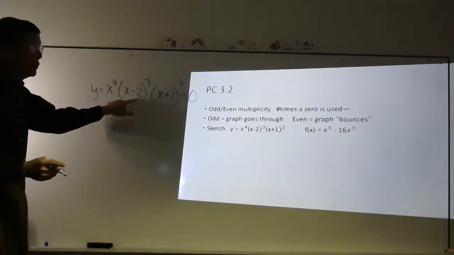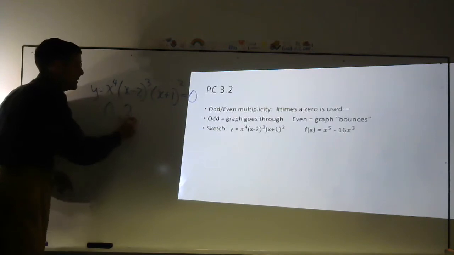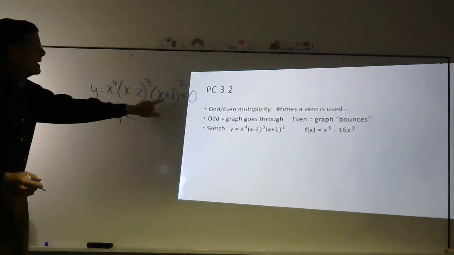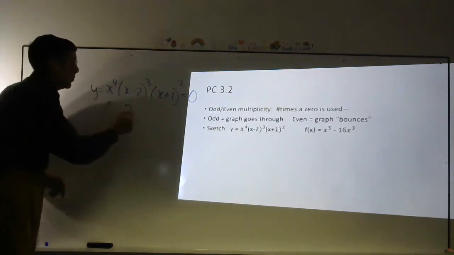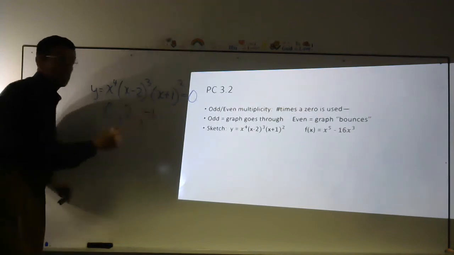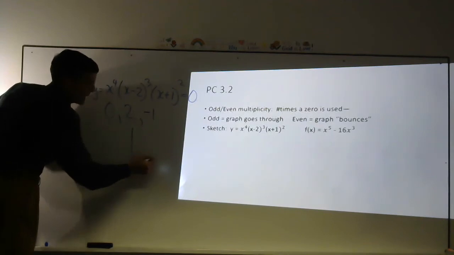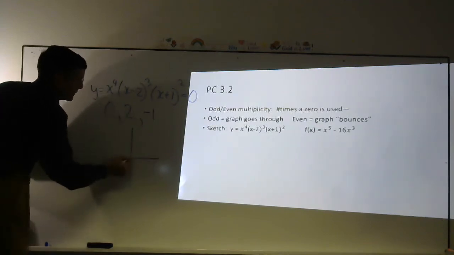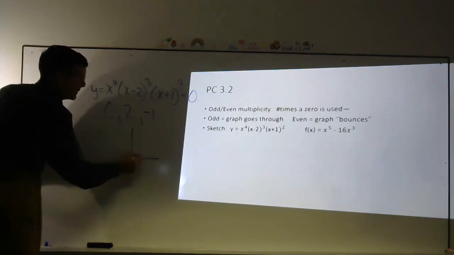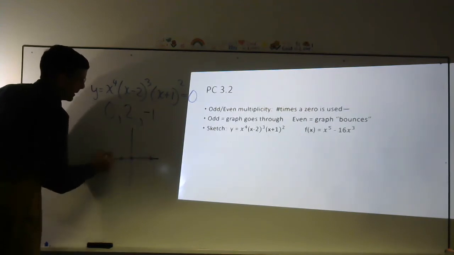You're going to get 2 from this one 3 times. You're going to get -1 from this one twice. That's how quickly you can do this because it was already factored. So I know I have a 0 at 0, a 0 at 2, and a 0 at -1.